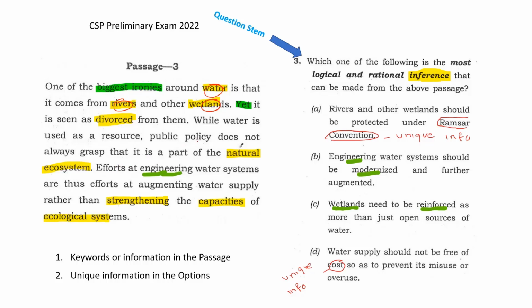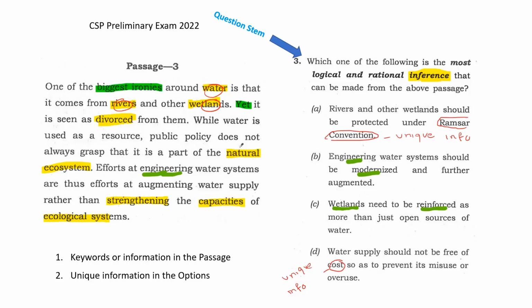While water is used as a resource, public policy does not always grasp that it is part of the natural ecosystem. Natural ecosystem means rivers and wetlands. It's the same keyword. That means natural ecosystems, rivers or wetlands, are most important.